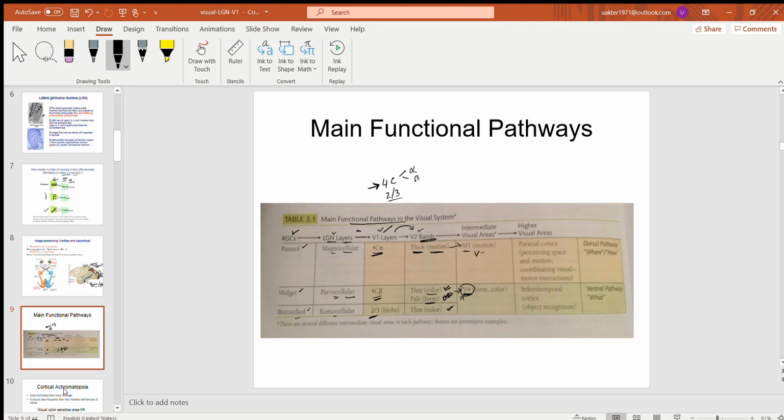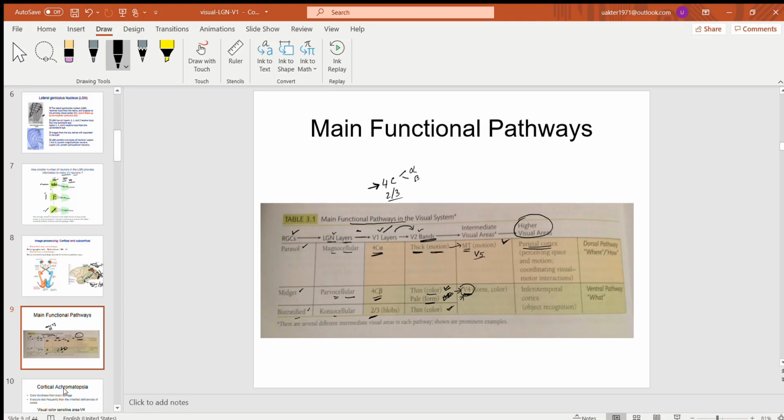MT is in monkey. Okay, motion, and the motion is helpful to locate the object, and that's why from MT the signal goes to the parietal or dorsal pathway.